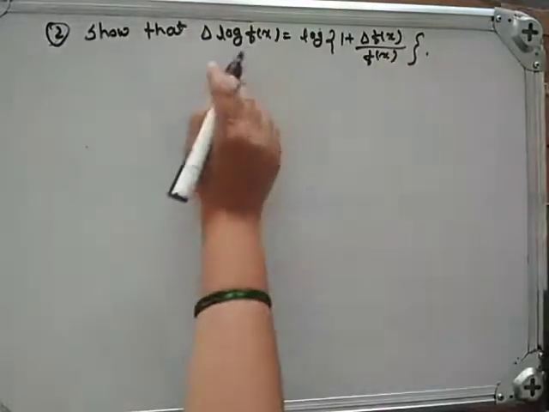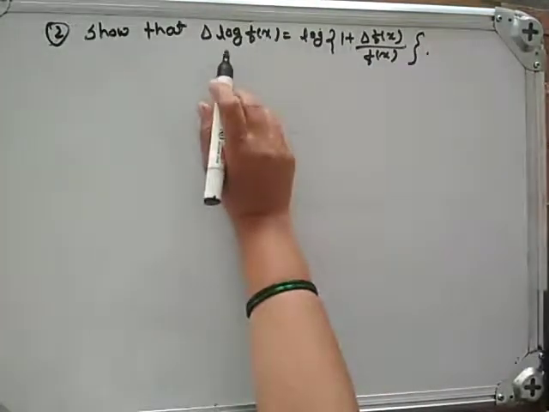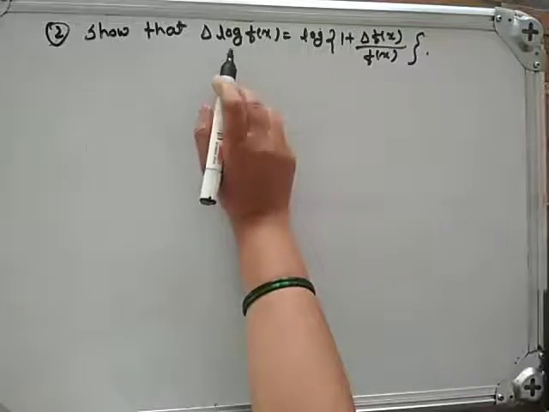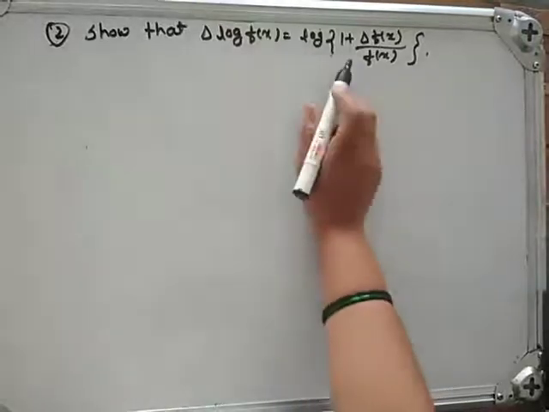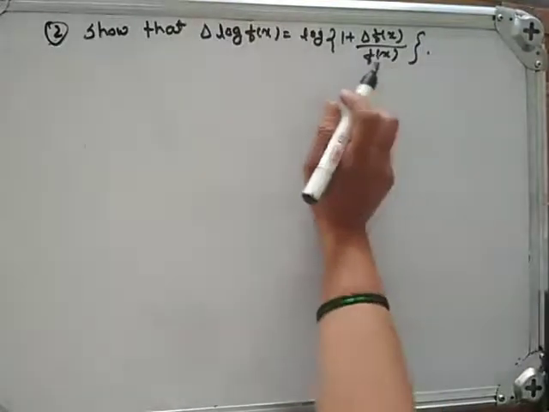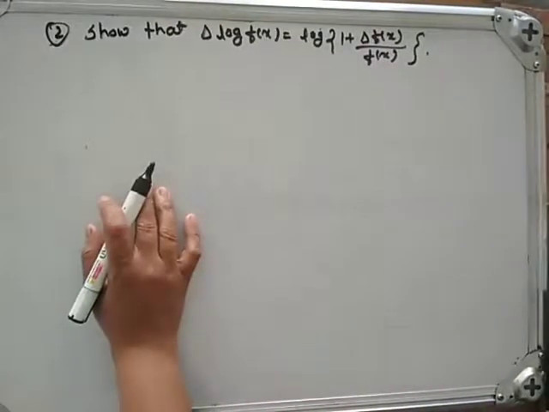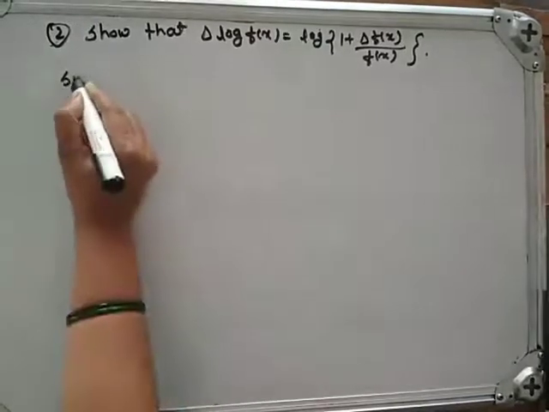We have to show that delta log of f of x is equal to log of 1 plus delta f of x upon f of x. Okay. Solution.